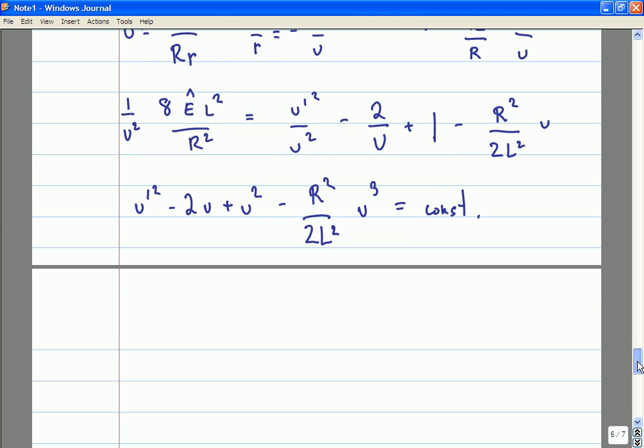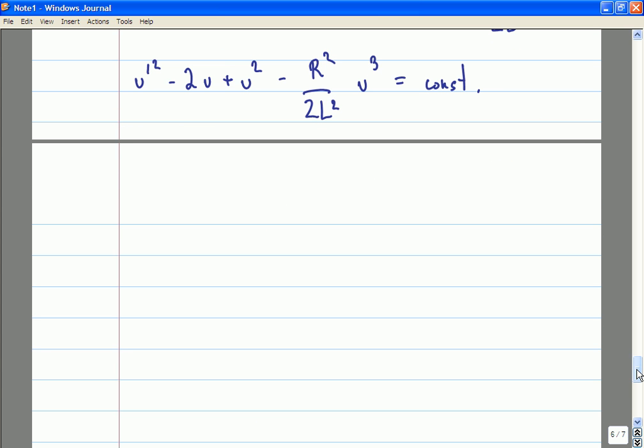Okay. In order to understand this differential equation a little bit better, let's take the derivative of this with respect to phi again and divide by 2u prime. So what does this become? This becomes u double prime.